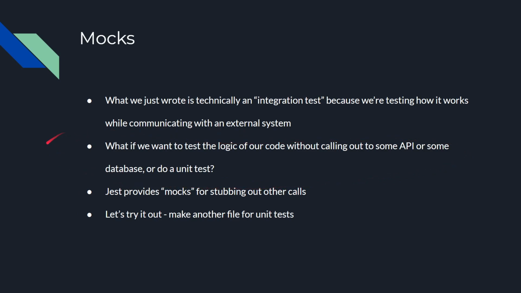We want to give it some fake data and just make sure that the logic is correct. So to do this, we can mock functions within our code to prevent our code from actually calling out to external systems. If that doesn't make sense now, maybe it'll make more sense when we actually write the code. So let's go on ahead.